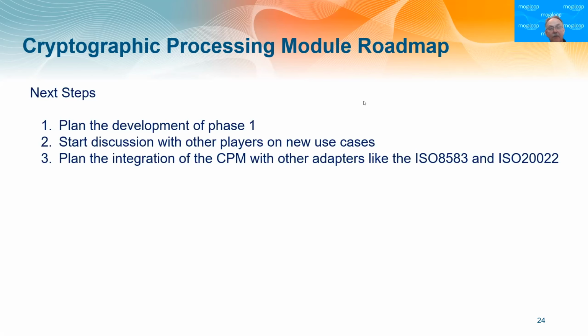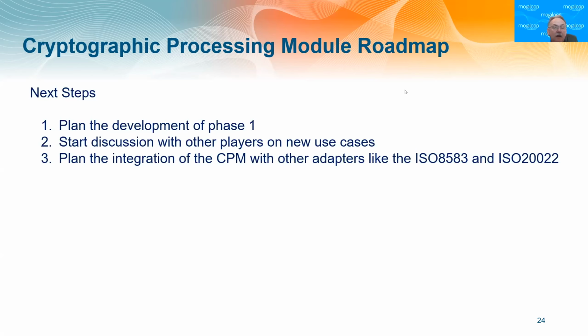We will just see how things go in the next PI, and we hopefully come up with new use cases. We're also going to plan the integration of the CPM with other adapters, like the already written ISO 8583, which has been demoed before, to interface ATM and POS devices with the modular system to bring the security into there.